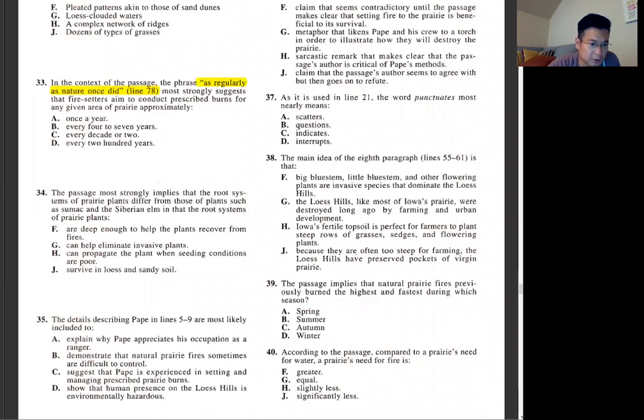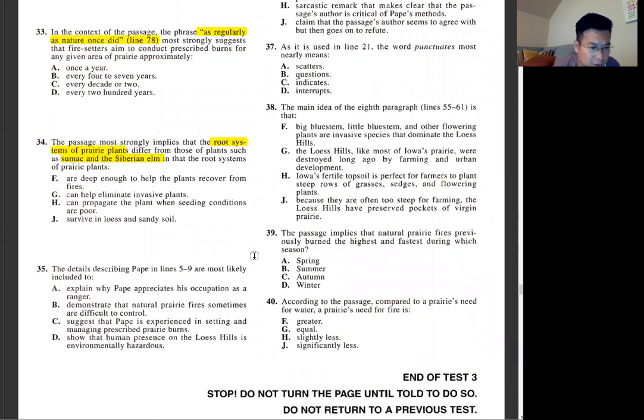Move on to this one. The passage strongly implies that the root systems of prairie plants differ from plants such as sumac and Siberian elm. And then this detail described on page 9.